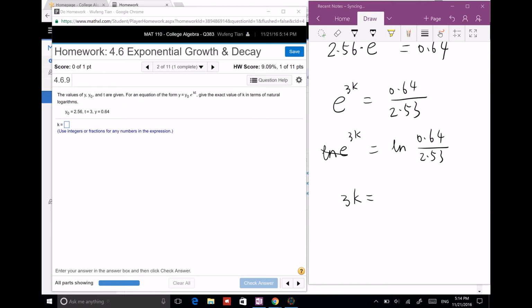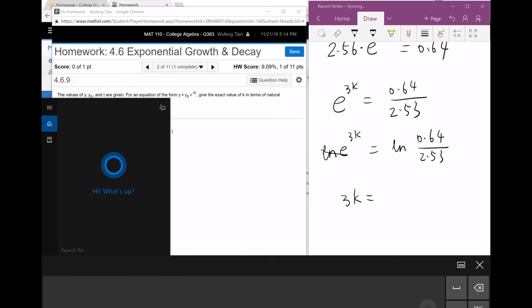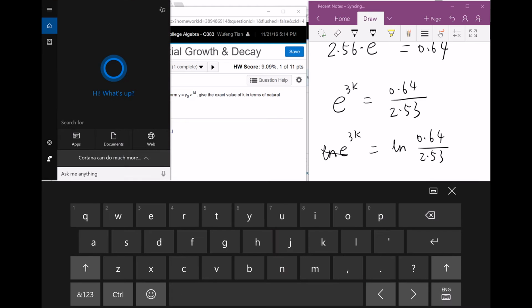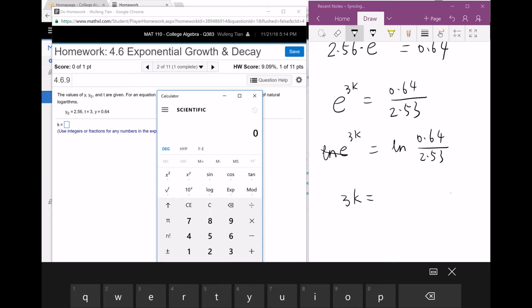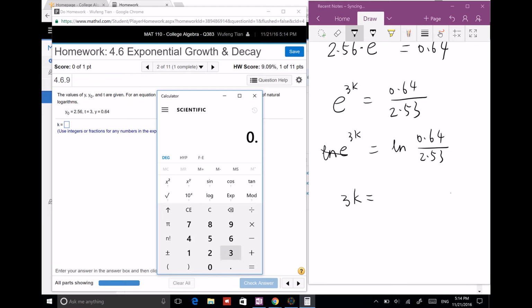Let me see the calculator. So it's 0.64 divided by 2.56 equals, take ln.